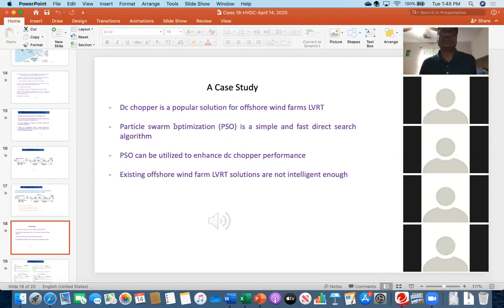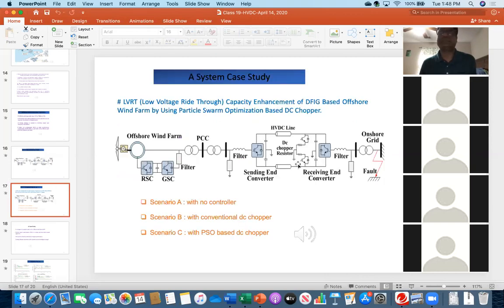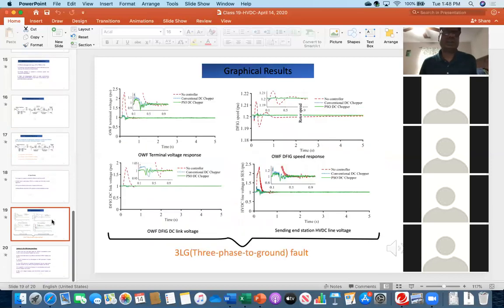Now, based on this study, depending on the application of the controller, whether it is conventional or PSO based, I've shown some results. Everybody see, due to that fault, on the left side, OWF means offshore wind farm, DFIG DC link voltage.